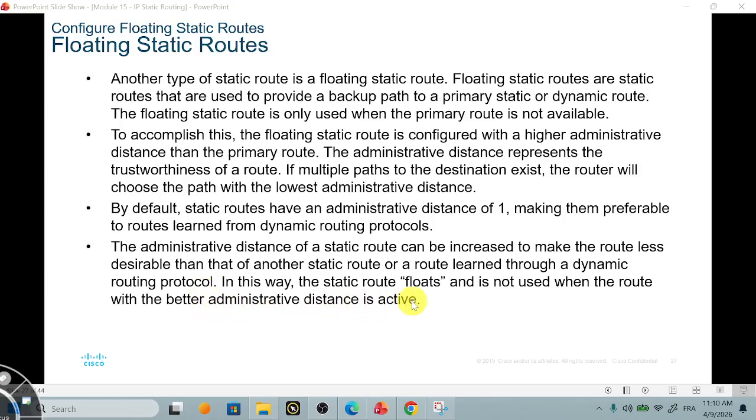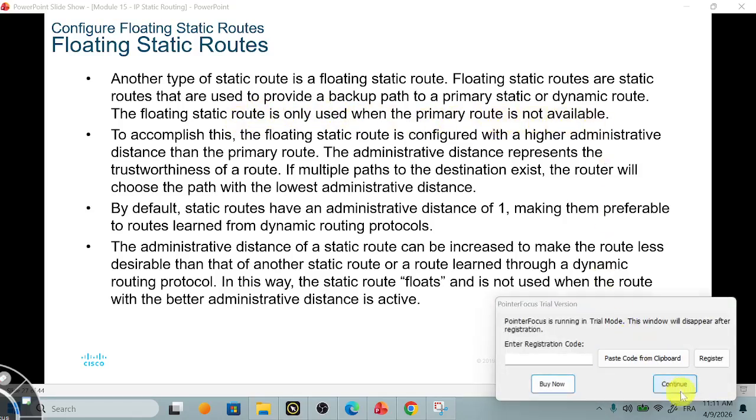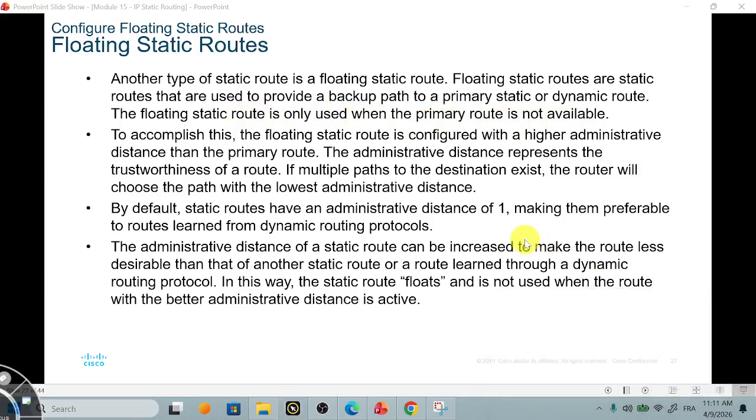So for floating static routes, we should increase their value so the router does not choose them. We only use them when there is no available route. It's only used when the primary route is not available, so they serve as a backup. If something is disconnected or down, we use the floating static routes.